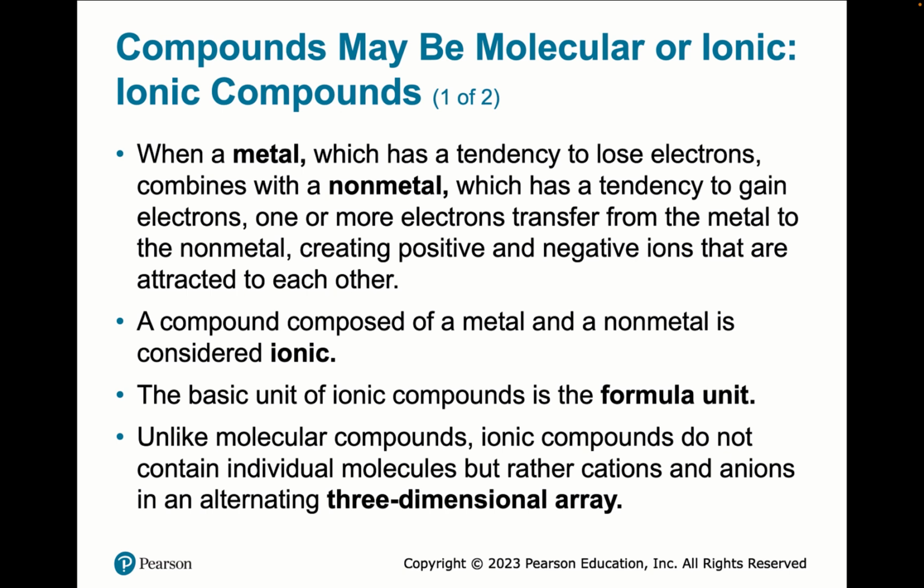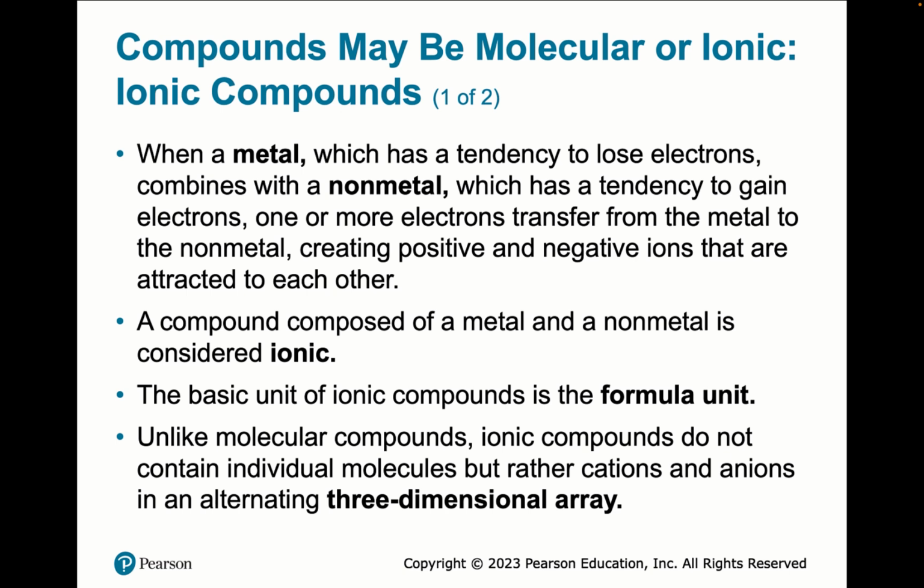Going on, talking about ionic compounds, metals generally tend to lose electrons to nonmetals. In this case, the bonding is called ionic, because it has to do with the Coulombic force, meaning like charges repel and unlike charges attract, and then it forms a crystal structure, and the combination of the attraction and the repulsion gives it its structure.